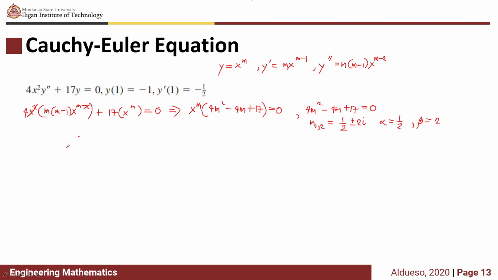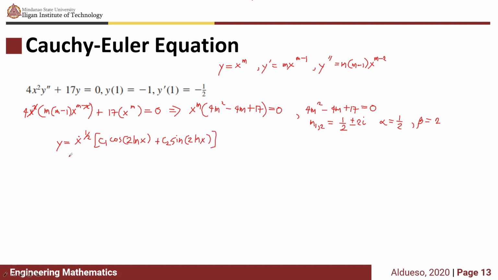Our general solution is equal to x to the 1 half times c1 cosine of 2 ln of x plus c2 sine of 2 ln of x.